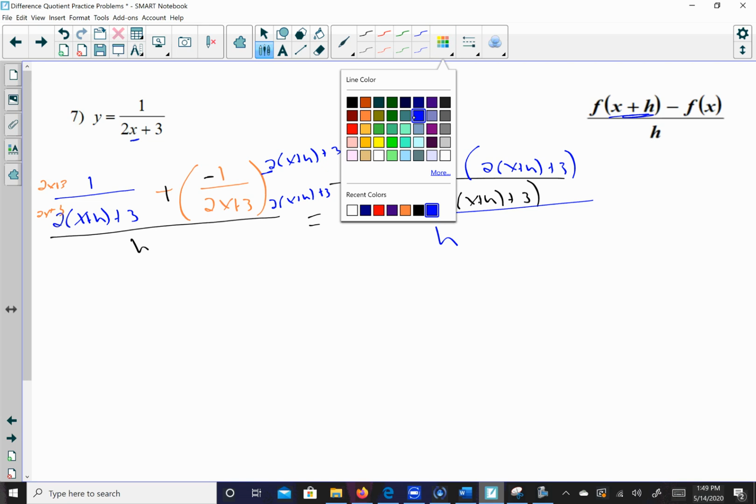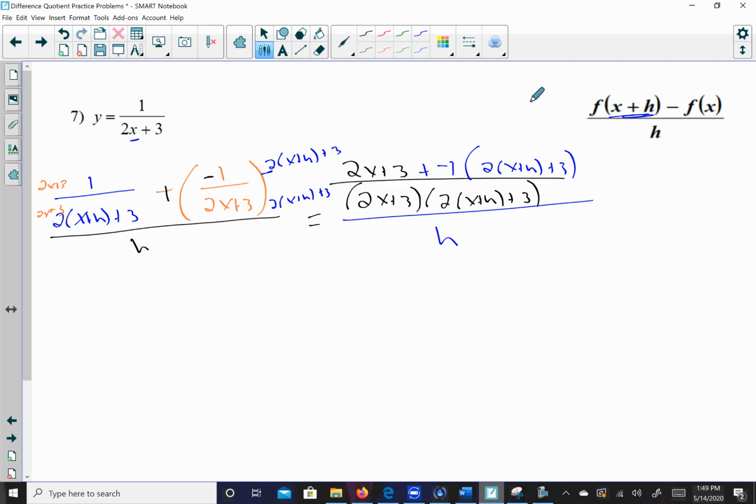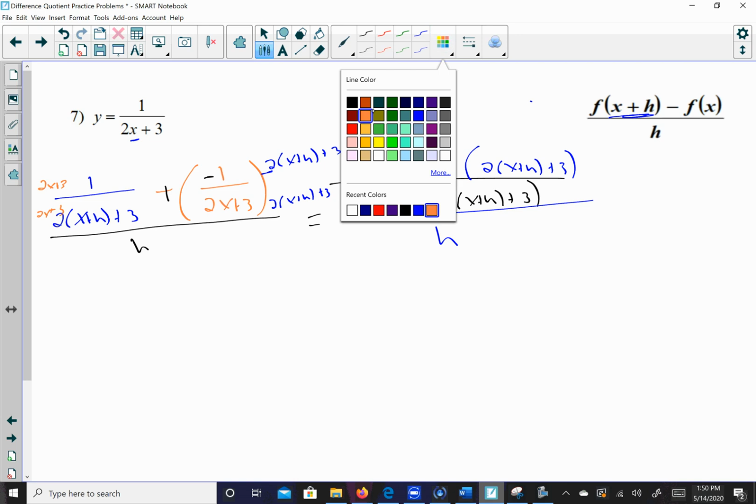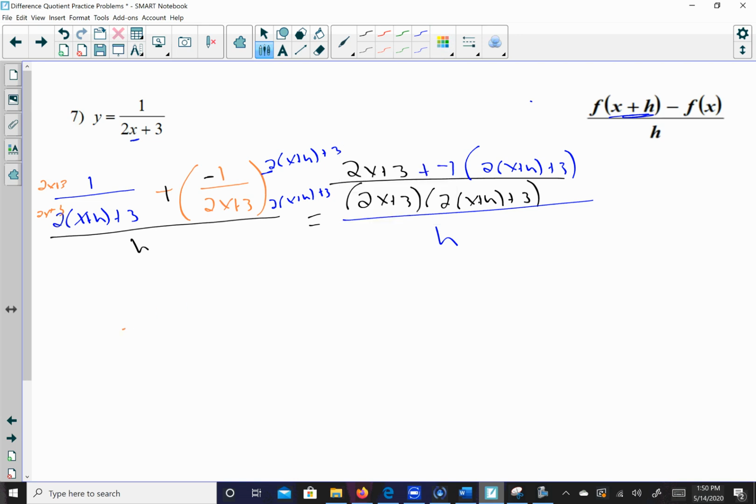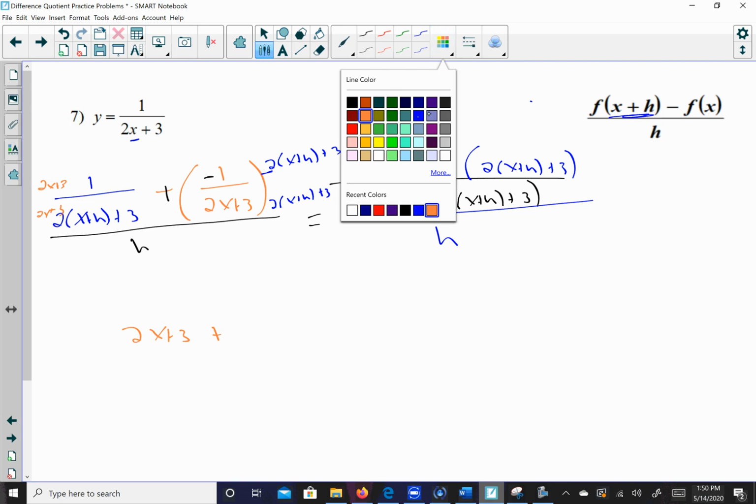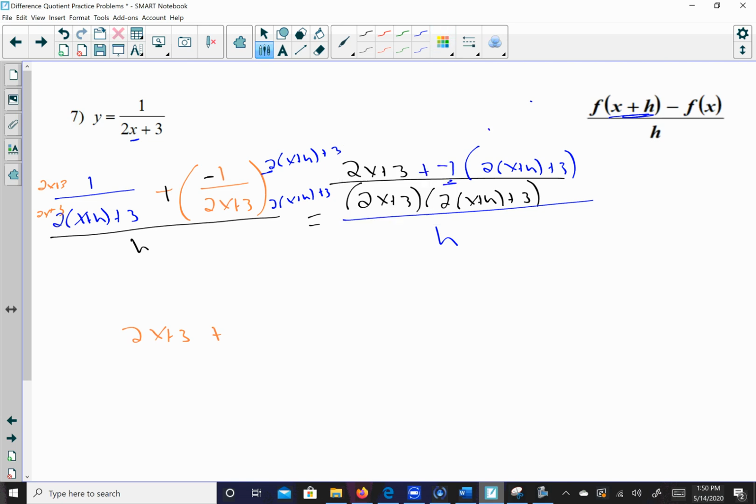Different color, so sorry about that. So here, when I get this, I'm still going to keep this orange. So I'm just going down here. I'm going to have 2x plus 3. And I'm going to have plus, and then I'm going to take a negative 1 times 2 and distribute times this x plus h. So I'm going to have minus 2x minus 2h.